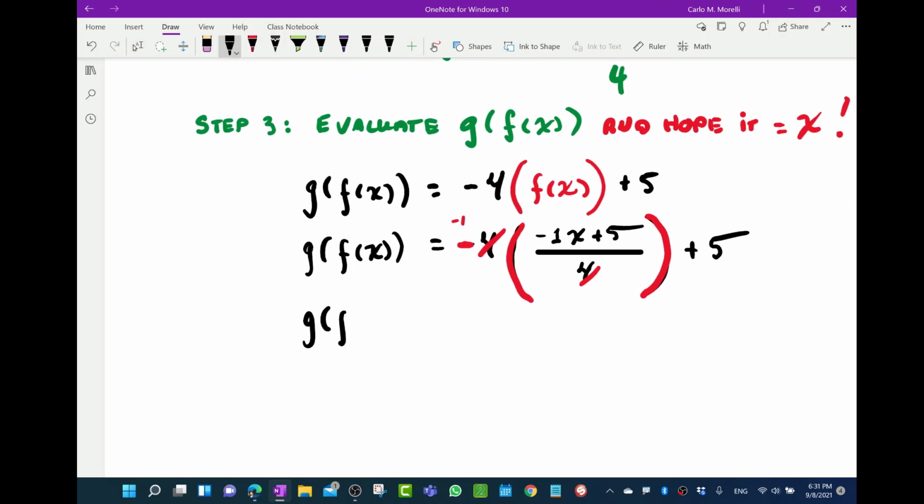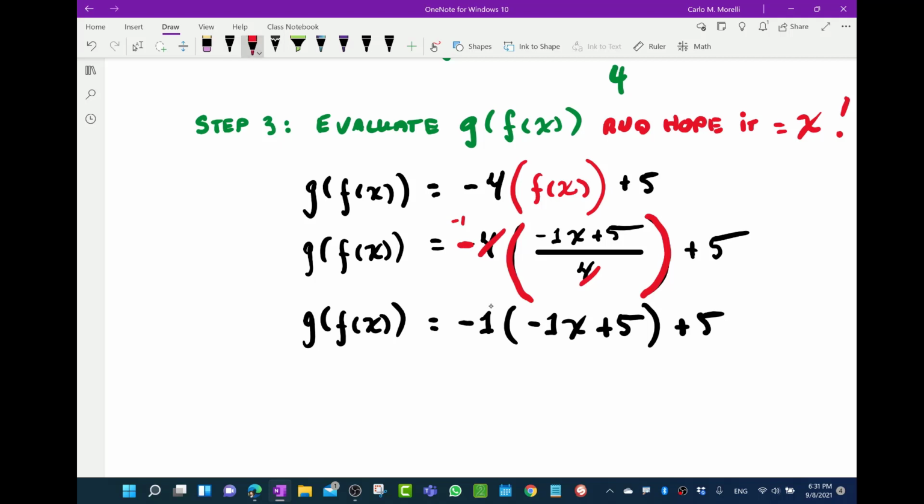G of f of x equals negative 1, open parentheses, negative 1x plus 5, close parentheses, plus 5.